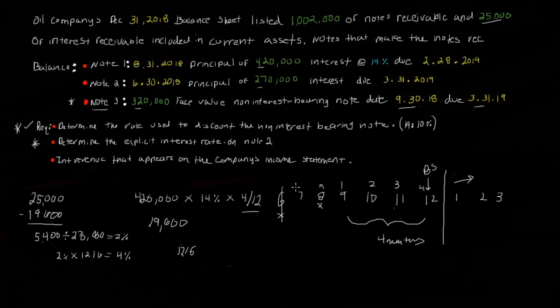So we have 1, 2, 3, 4, 5, and 6 months that we can account for. So we have 12 out of 6, and we use that here. So the explicit interest rate on note 2 is 4%.